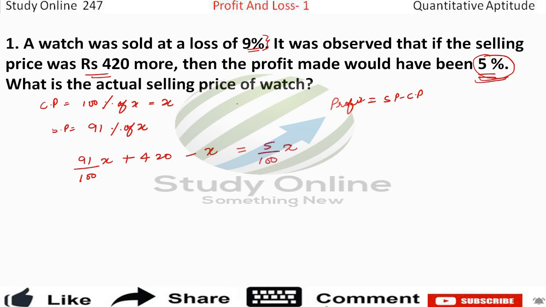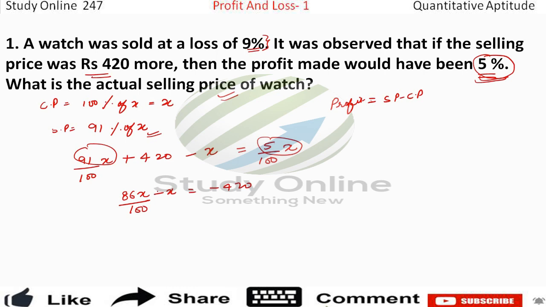Okay, so we have to find the actual selling price. By calculating X, we can find the cost price, and the actual selling price is 91% of X. So let's see how. It is 91X upon 100, minus 5X upon 100. 91 minus 5 is 86. So we have 86X upon 100 minus X is equal to, this 420 will go here, minus 420.